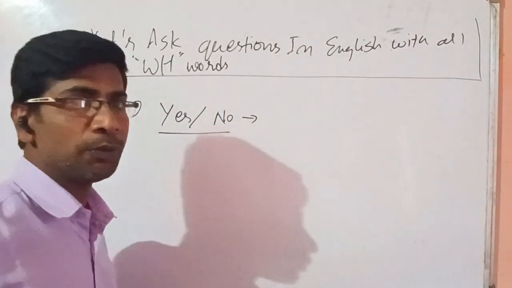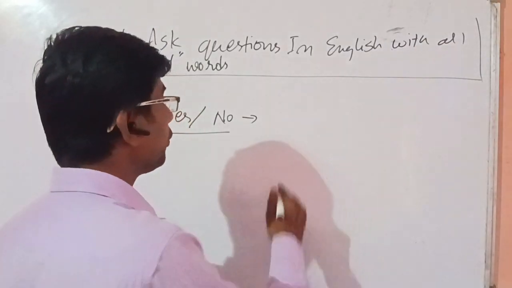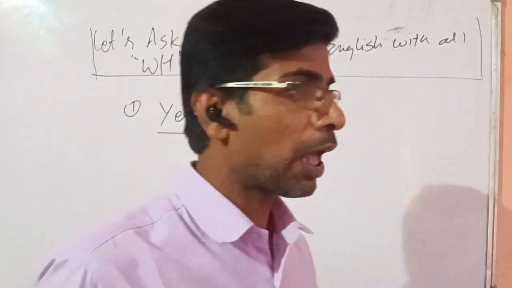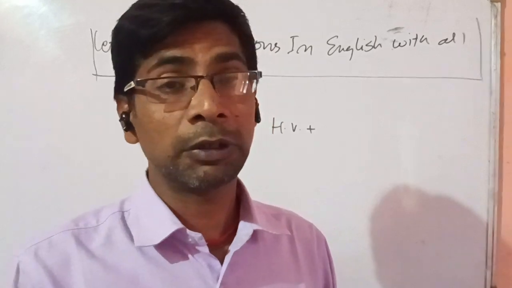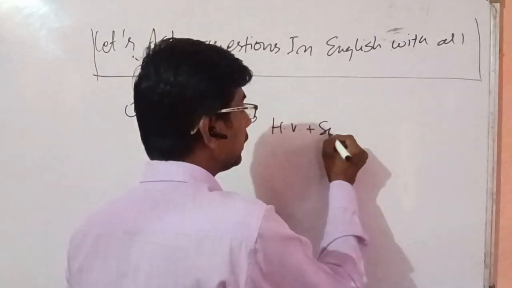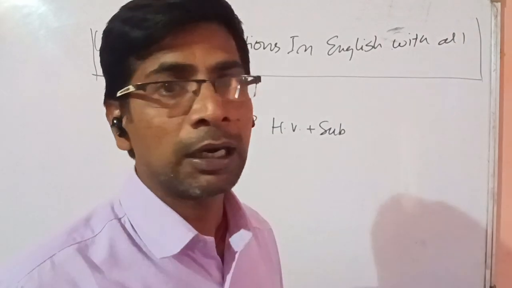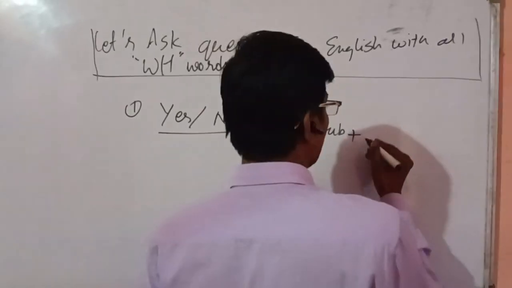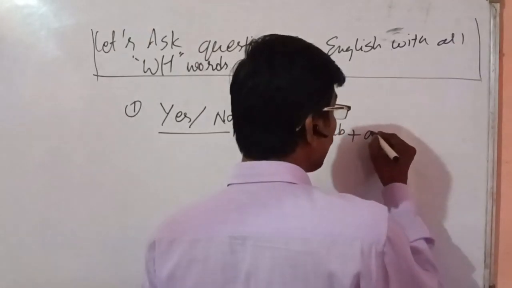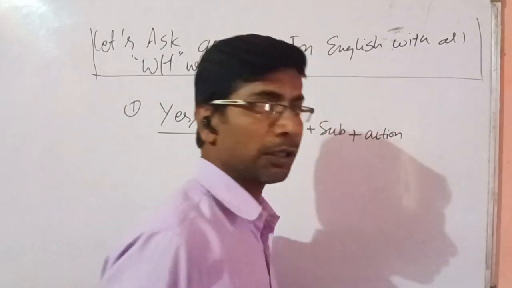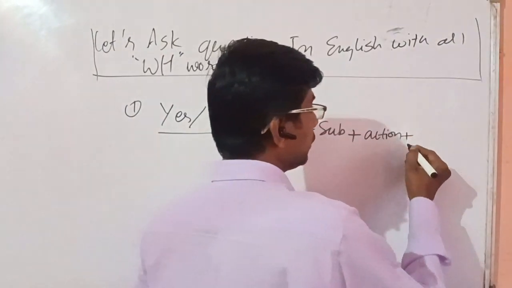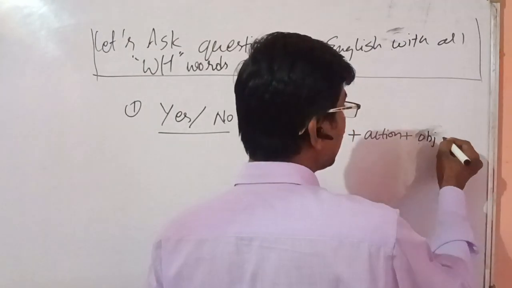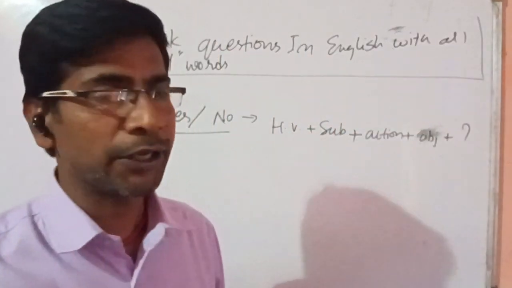To ask such questions, we simply use a helping verb, then the person we are asking about, then the action, then the receiver, the object upon which the action is happening, and then a question mark if you are writing, obviously.